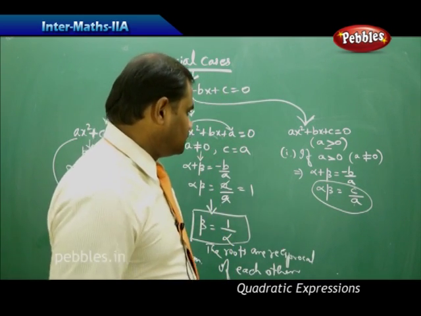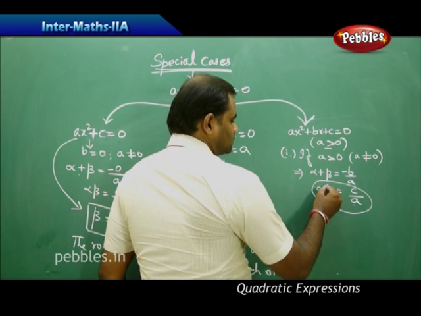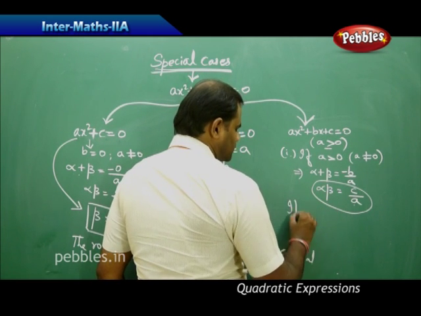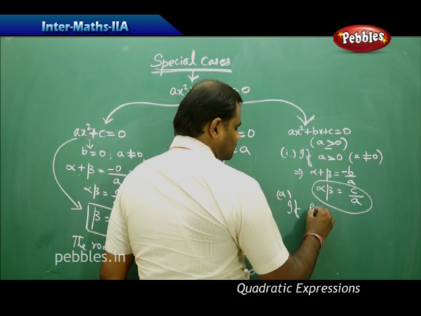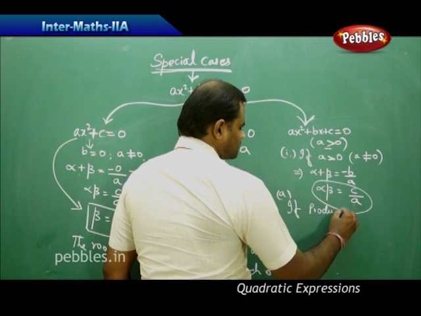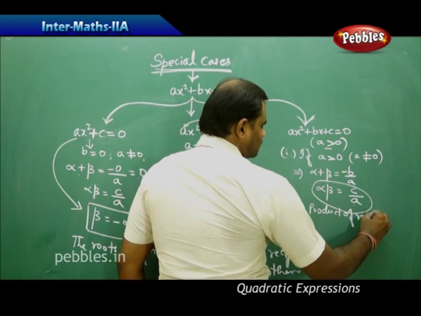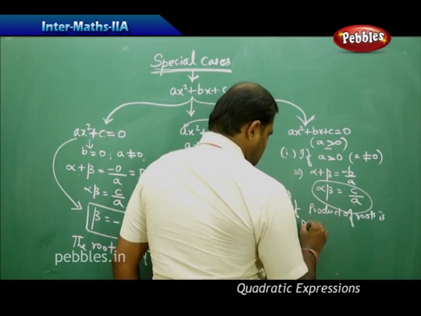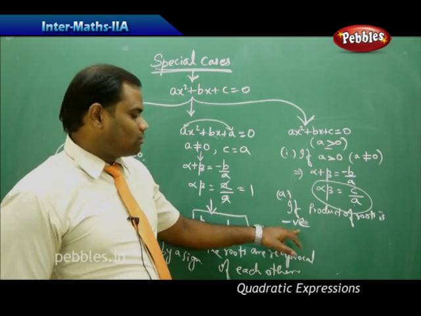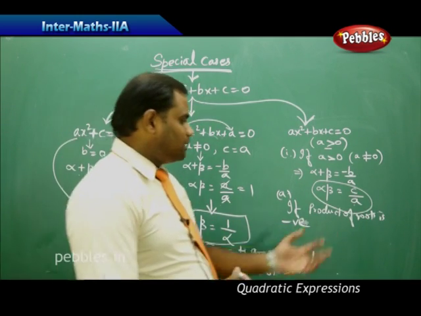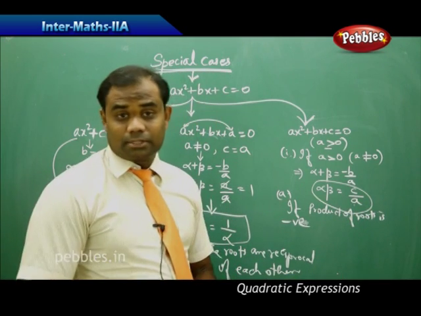Now here I clearly identify the product of roots. If the product of roots is negative, then a being positive, obviously c must be negative.